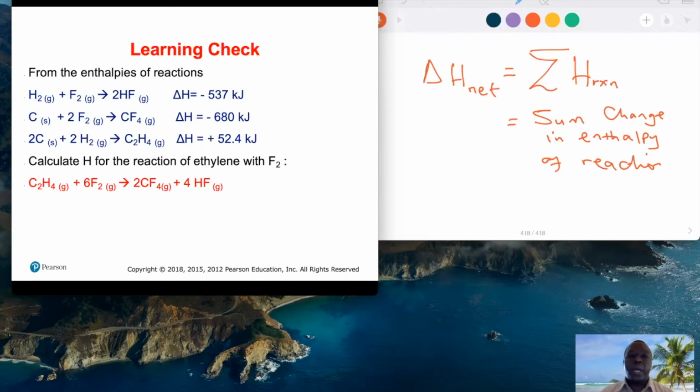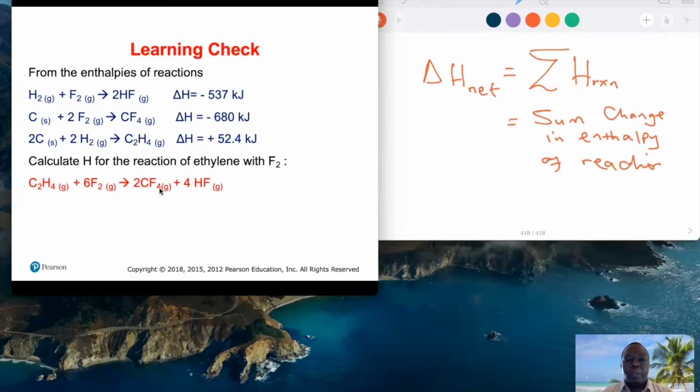How will you do that? It is by doing the inspection, by looking at the products and the reagents in the overall equation, and reconciling with each individual thermochemical equation to figure out how we end up with this.